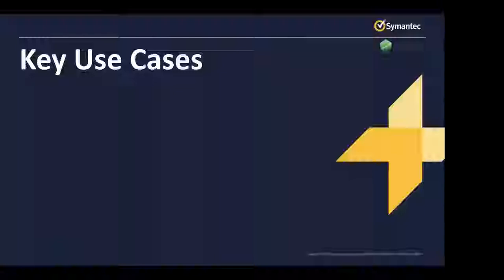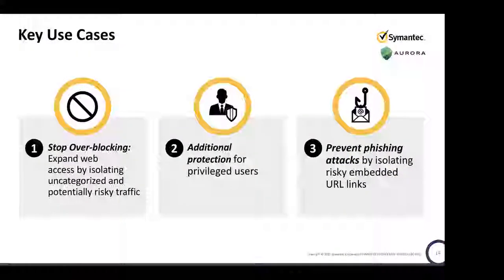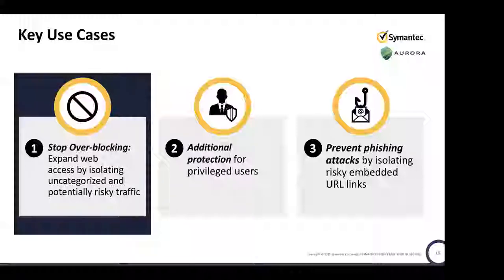So what are some of the things that you might need to be thinking about in your environment, or you're already thinking about, or some of the questions to ask, or maybe even some of the questions to raise to your management or your C-level boards, and things that you should really start thinking about. There's really three major ones that I want to touch on today. And the first one is going more into that idea of overblocking.